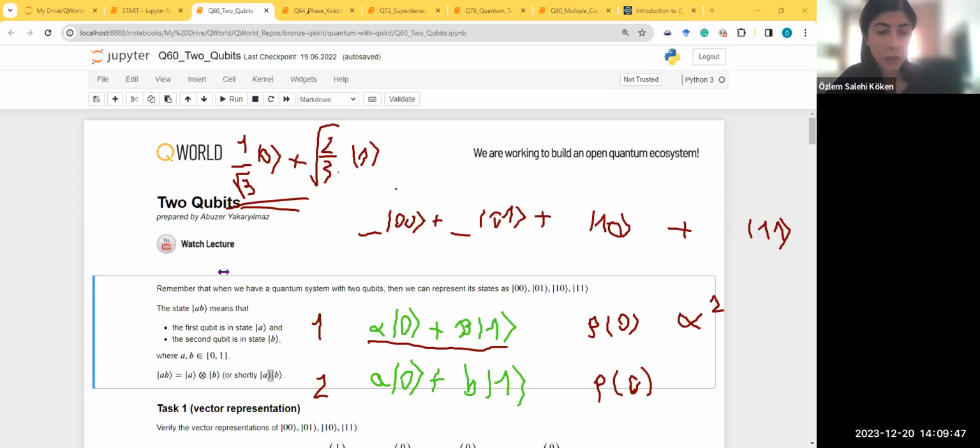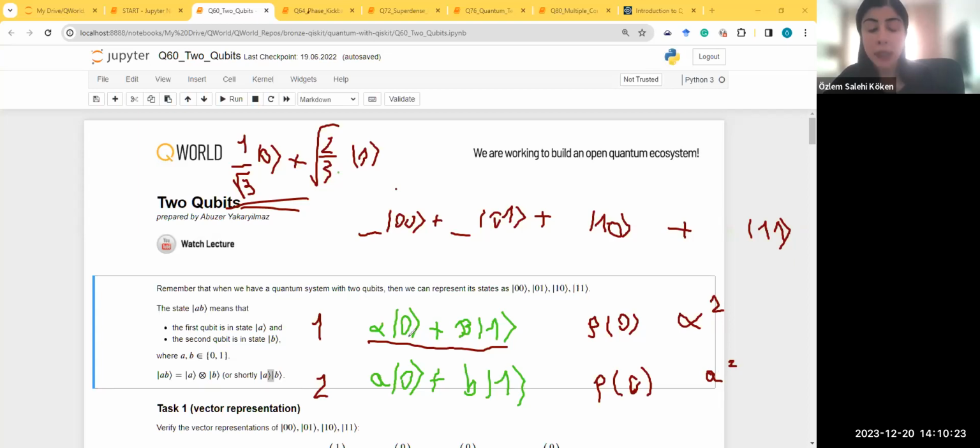I see an answer, a squared. Any other answers? Yes, it's a squared. I hope this is clear for everyone, but if you have any doubts, please write. So the probability of observing zero for the first qubit is alpha squared, and for the second qubit it is a squared.